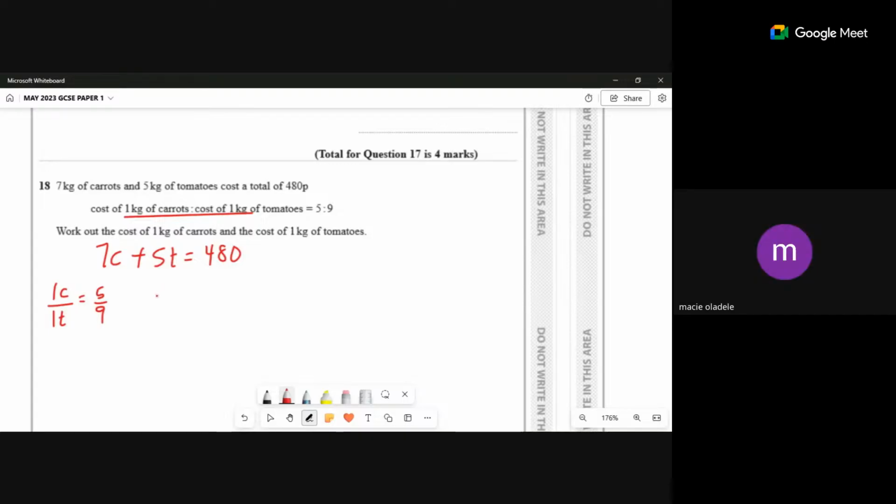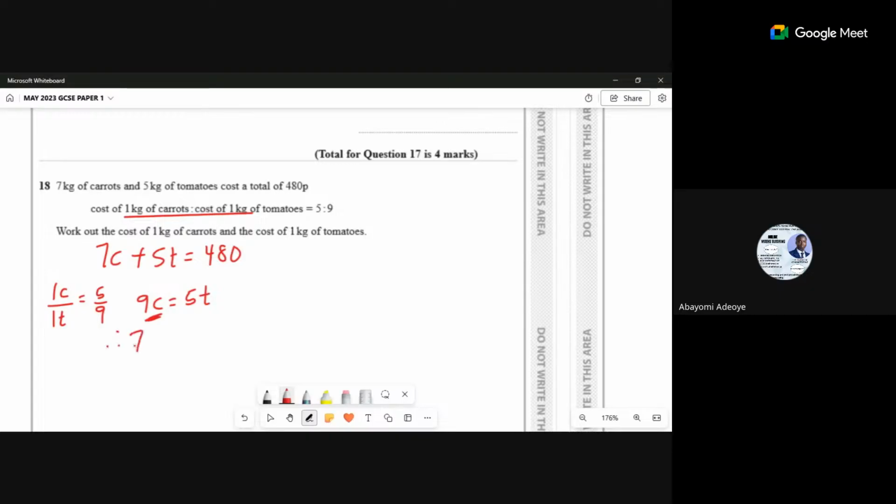Yeah. Okay, so that means 9c equals to what? 5t, right? Yeah. All right, so I'm going to represent my 5t as 9c.